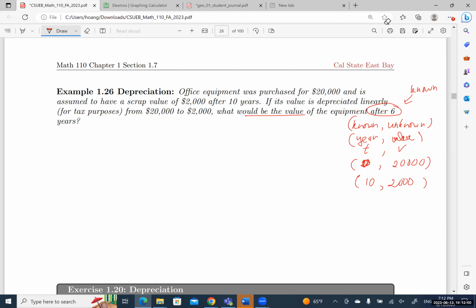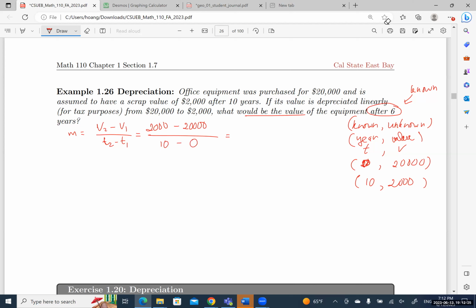All right. So then you want to have the slope as V2 minus V1 over T2 minus T1. So V2 was 2,000 minus 20,000 divided by T2, which was 10, minus 0.